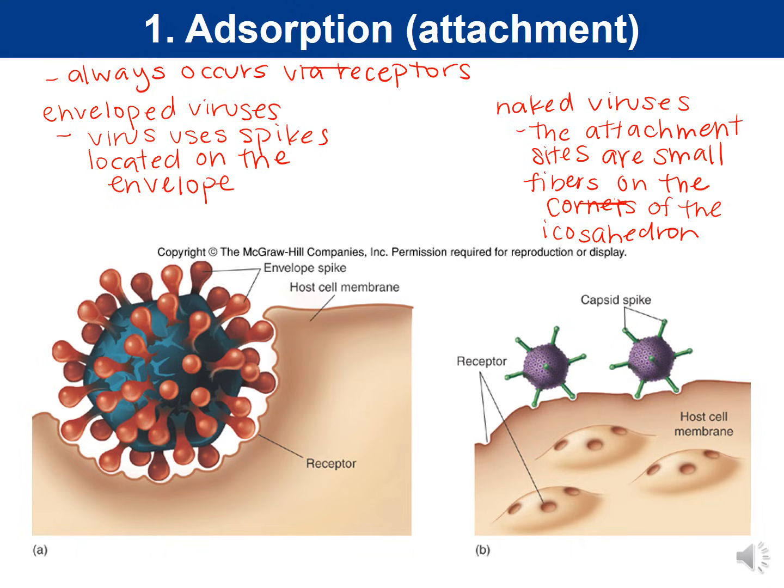But again, notice that whether we're talking about a naked virus or an enveloped virus, both of them have these attachment fibers, whether it's an envelope spike or just these small fibers. Both of those need to attach to receptors, and when they attach to the receptors, that allows them to be attached and to be adsorbed. An example of an enveloped virus would be influenza. And again, in terms of a naked virus, this would be like a rhinovirus.